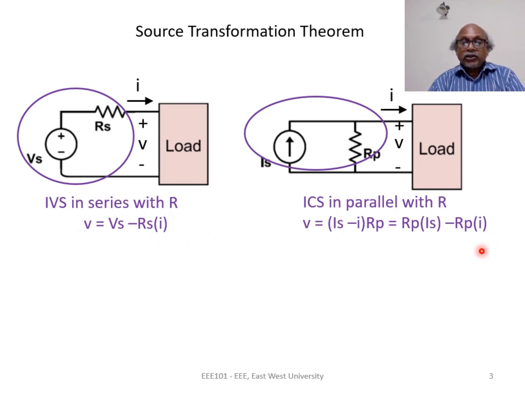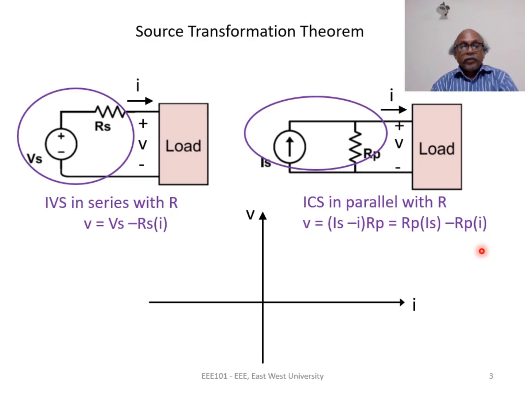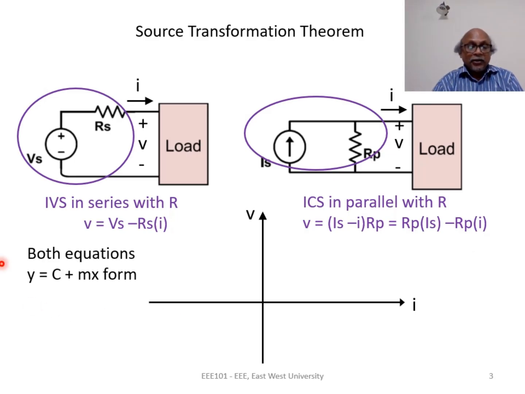And these are equations of straight line which may be represented by y equal to mx plus c form. Okay, now we want to draw these straight lines for the ideal voltage source in series with a resistance.